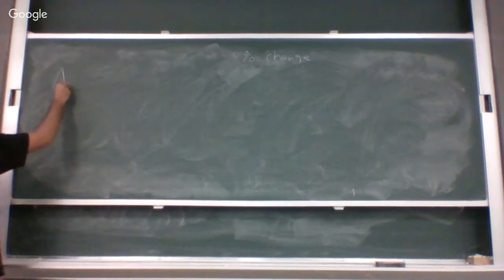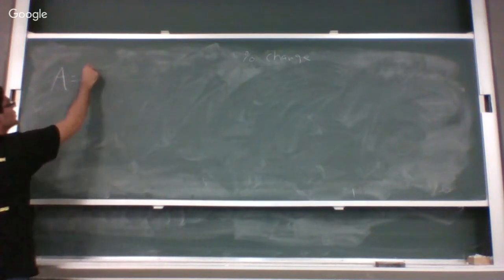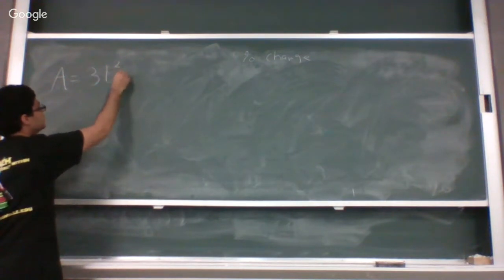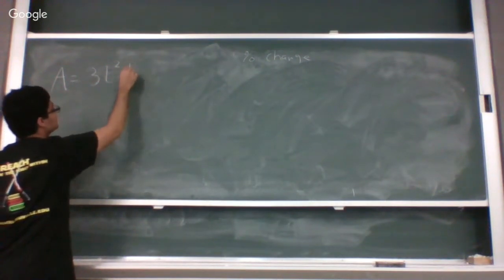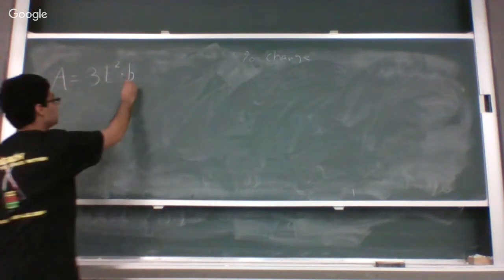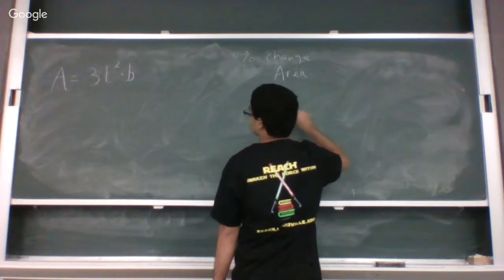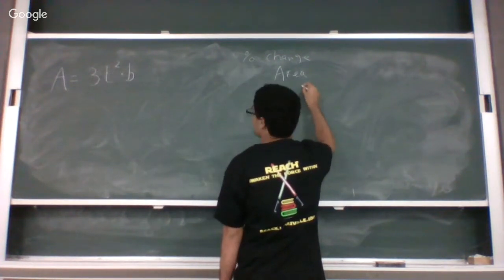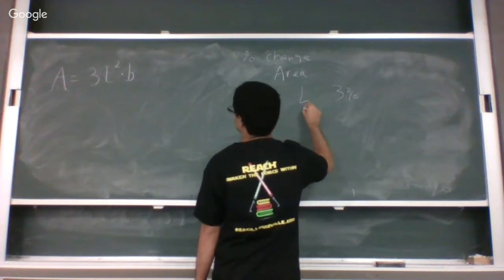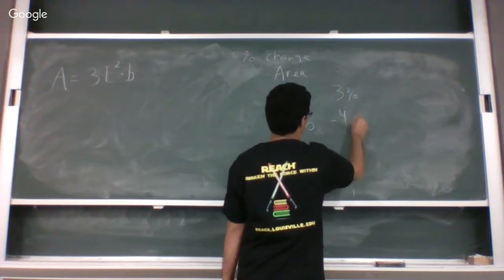So say the area is equal to 3L squared times B. And we have to find the percent change in area when L changes by 3% and B changes by -4%.